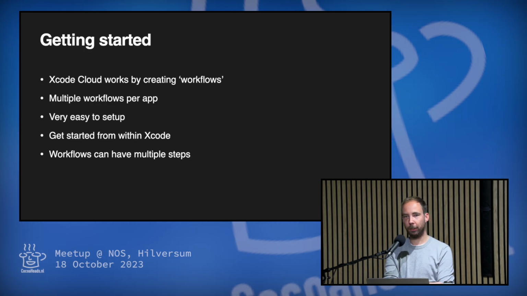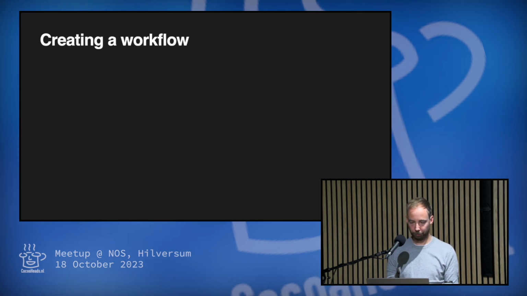I will demo it later and go through the whole process. You can see it's just super easy, and one of the reasons for that is that it's integrated with Xcode itself. Like I said, workflows can have multiple steps.